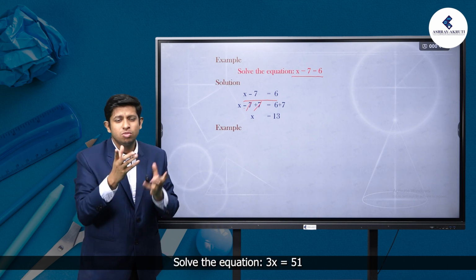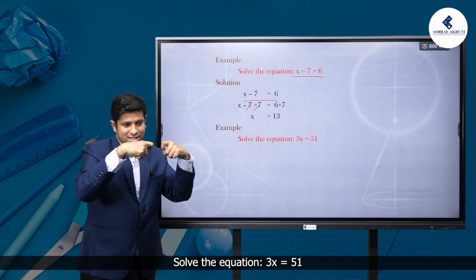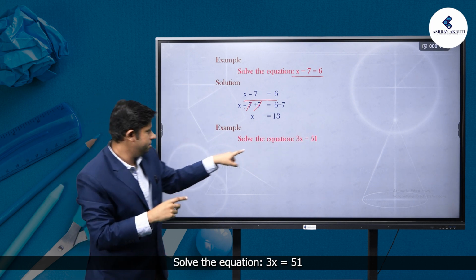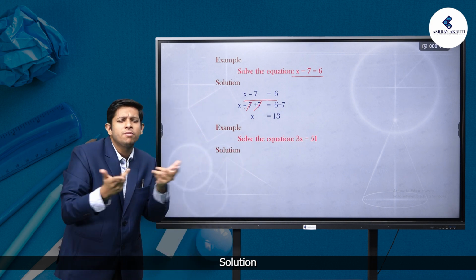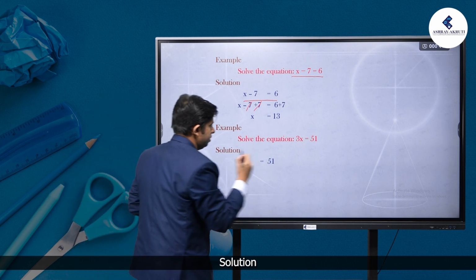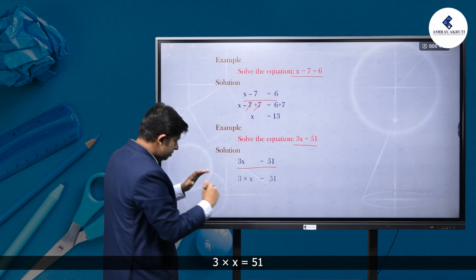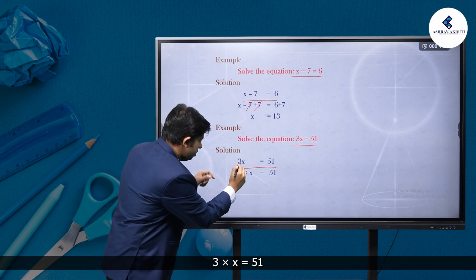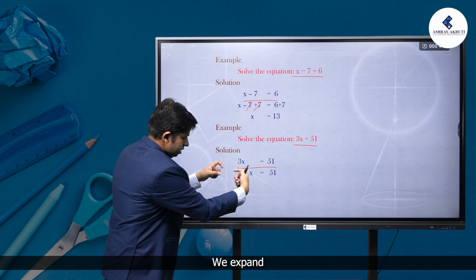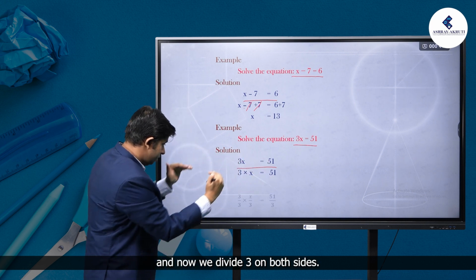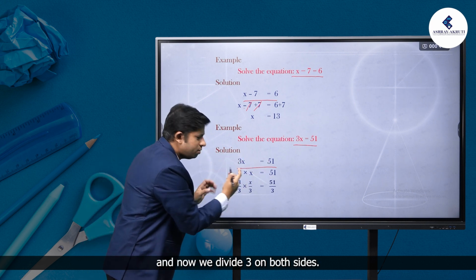Example: solve the equation 3x is equal to 51. Solution: given 3x is equal to 51, 3 into x is equal to 51. Now we divide by 3 on both the sides.